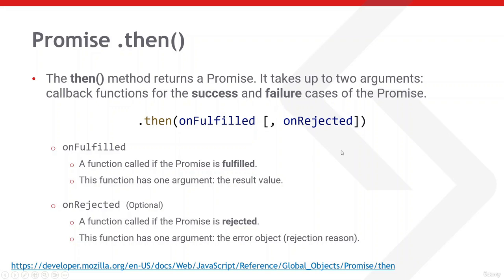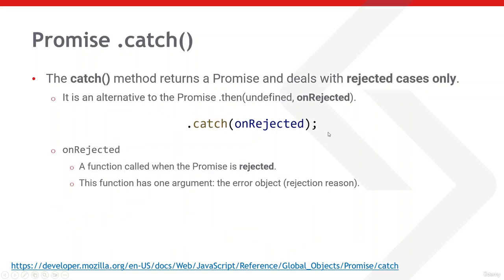You can see it is optional, but we don't use it. Usually for the then method, we only use the onFulfilled event. That's because I can have the onRejected callback inside this other method, catch. Inside catch is where I can include the callback for onRejected, and usually this is how we code with promises.